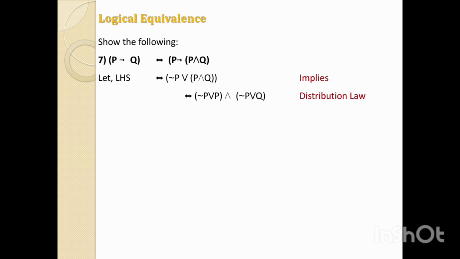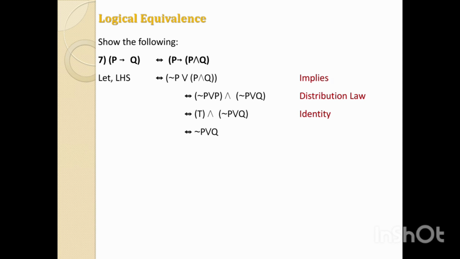Now not P or P, using the identity we can write that it is always true. The next is T and (not P or Q). Again we have seen by using the identity law that T and P is logically equivalent to P. Therefore here the T and this bracket term is logically equivalent to this bracket term.